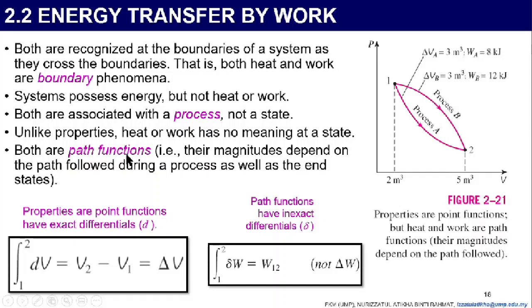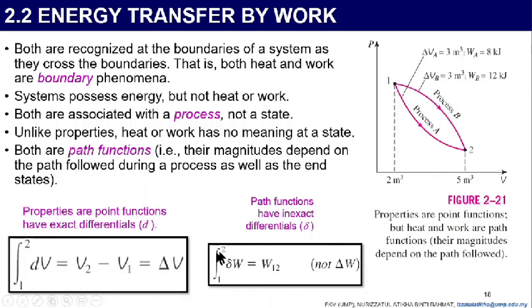Both are path functions, that is, their magnitudes depend on the path followed during a process as well as the end states. Properties are point functions and have exact differentials. We have here the integral of dV equals V2 minus V1, equals delta V. Path functions have inexact differentials.